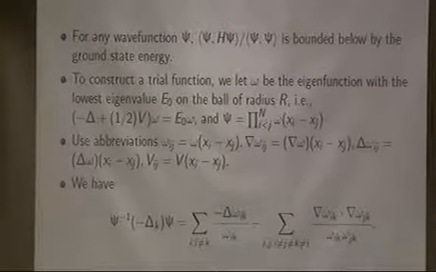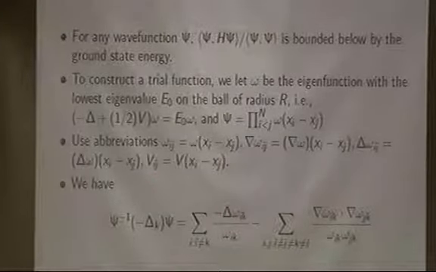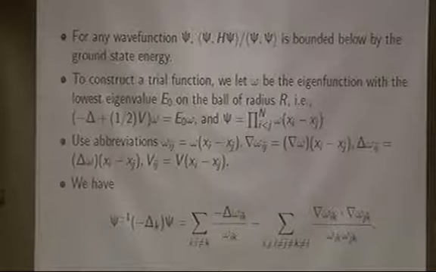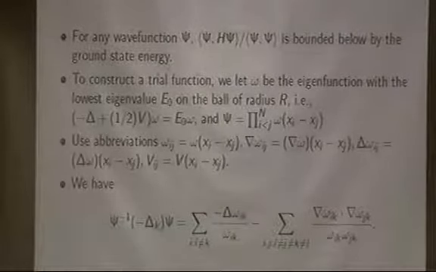For notation, we use abbreviations like omega ij for omega of xi minus xj, and likewise in gradients, Laplacians, and v as well. Then this is just a calculation. Minus Laplacian k will make two different types of terms. This Laplacian is a twofold, twice differentiation.